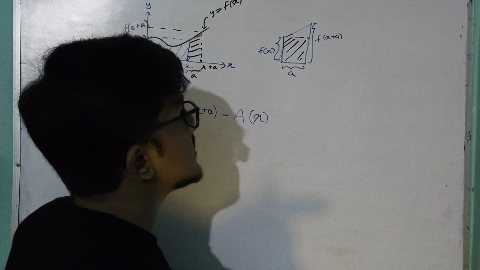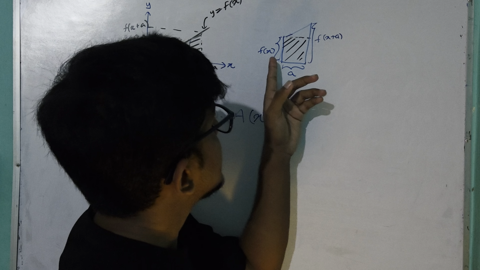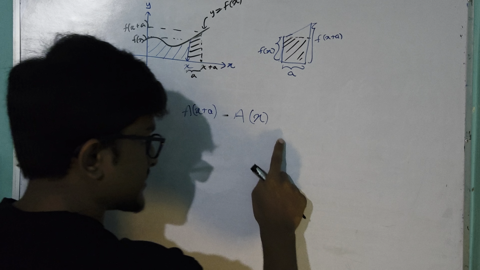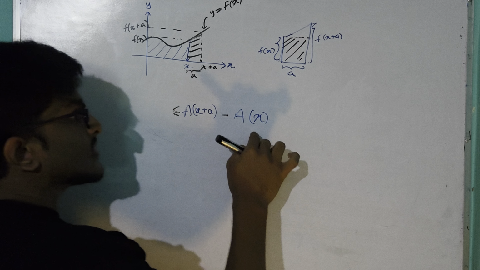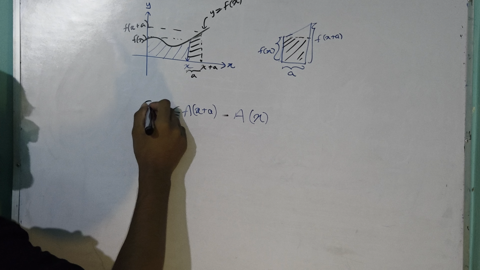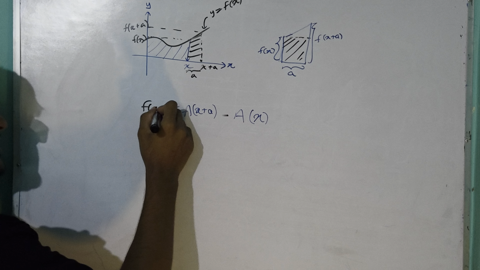And you can clearly see the area of that little part is obviously less than the part that we considered. So the area of the part that we considered is greater than f of x times a. And also, now we're going to consider this big rectangular part, and its area would be f of x plus a times a, wouldn't it? So obviously we can write it like so.